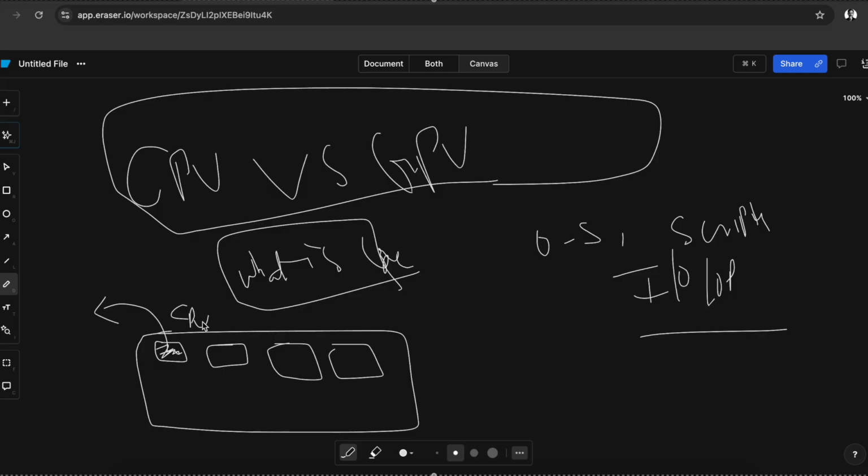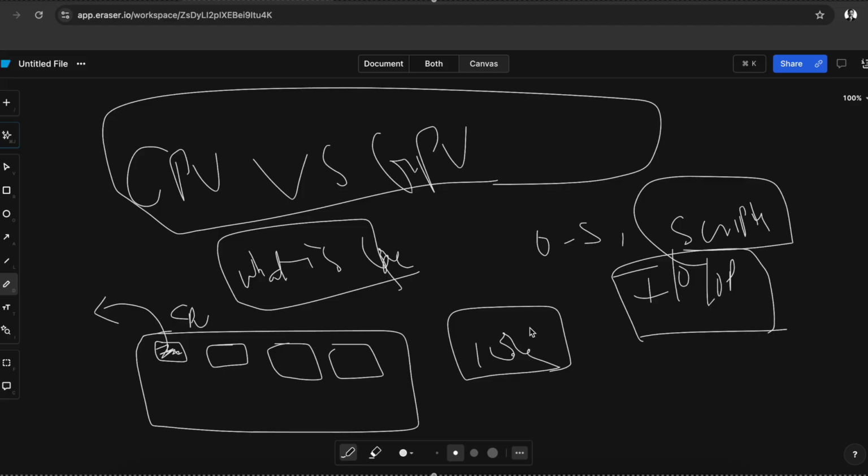If your CPU has one core, it is a one core CPU, and it can really only focus on one stream of instructions at a time. So if you started a script or gave inputs and want to generate the output, it can only work on a single stream, not more than that, because it's a one core CPU.